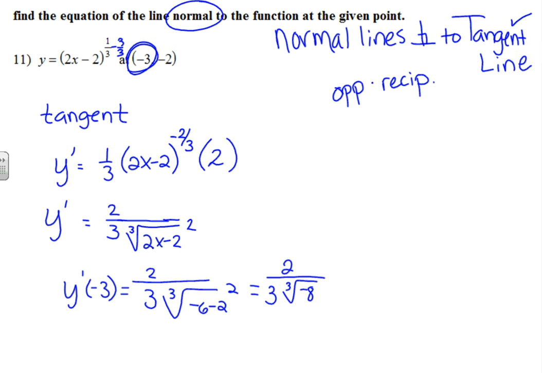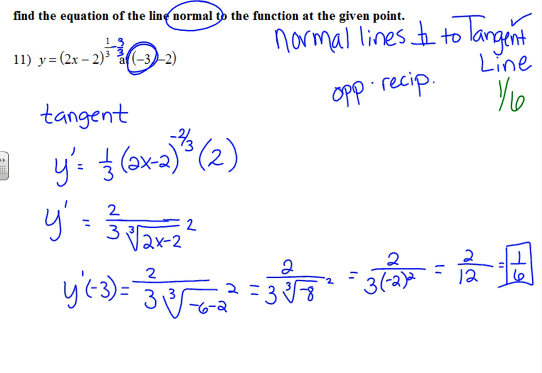Ooh, nice. Squared. It gives me 2 over 3 times negative 2 quantity squared, because the cube root of negative 8 is negative 2. And it gives me 2 over positive 4 and 3 makes 12. And that gives us 1/6. Hey, not bad. Kind of liking that.